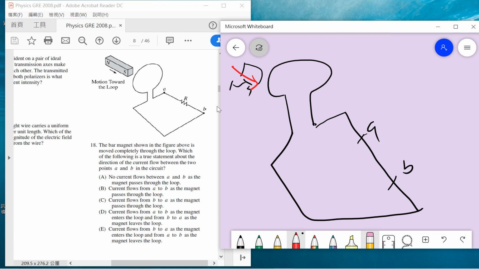So if N is coming in, then there will be a virtual N starting here. Then you will generate a current. You can use your right hand rule to find that there will be a current.